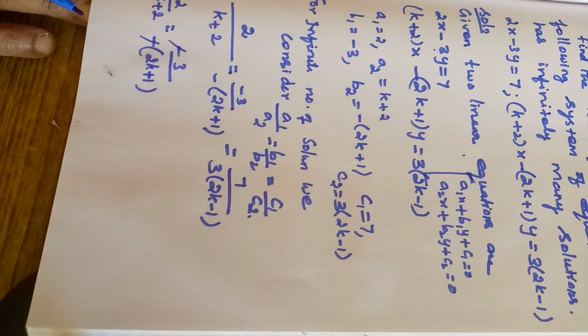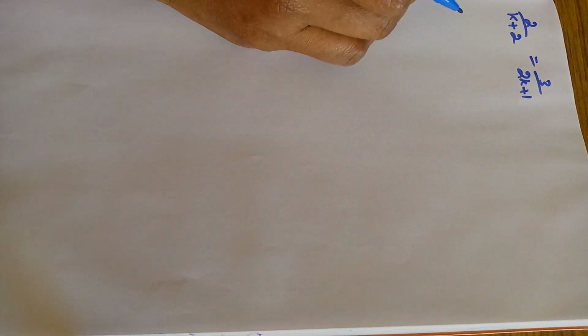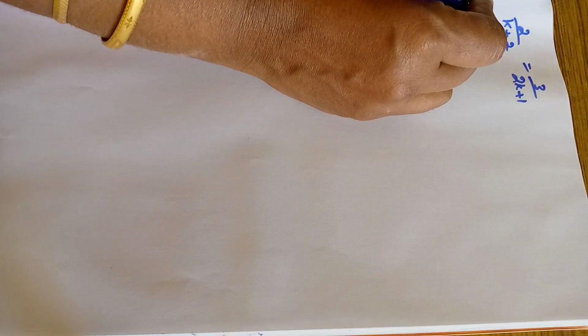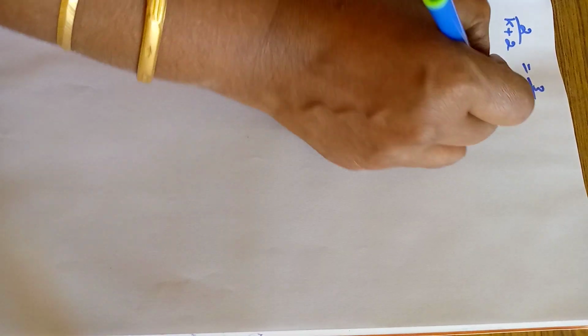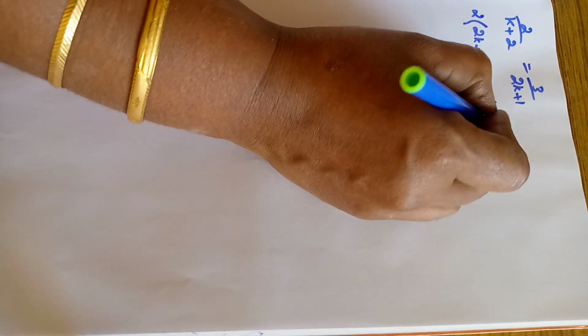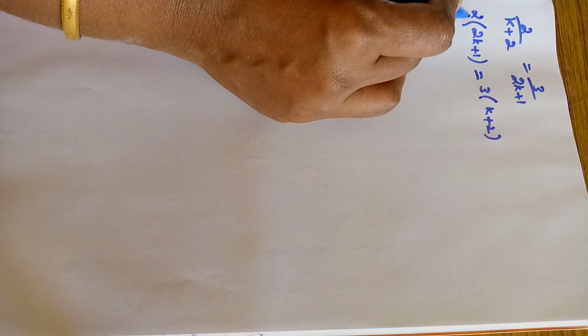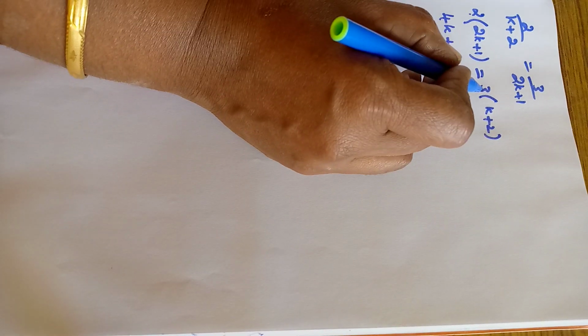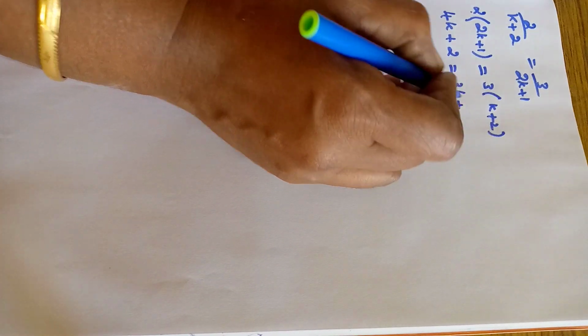Now cross multiply: 2 into (2k plus 1) equal to 3 into (k plus 2). So 2 into 2k is 4k, plus 2 into 1 is 2, is equal to 3 into k is 3k, plus 3 into 2 is 6.